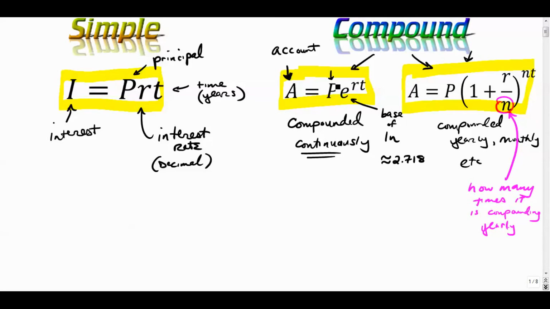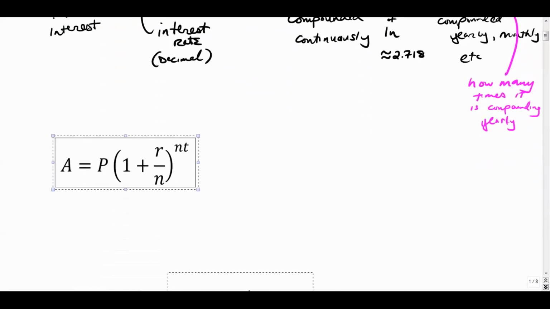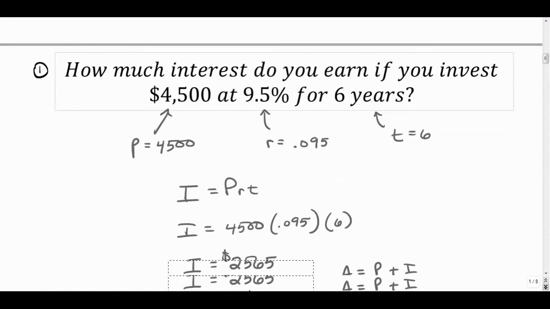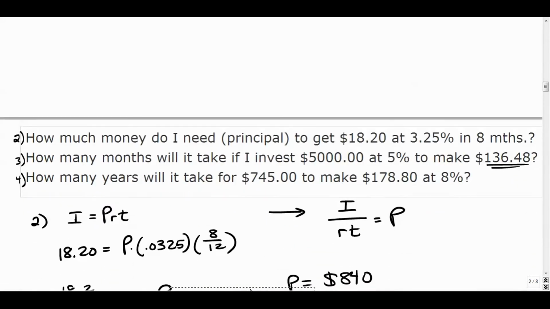Continuously compounding means it compounds, you know, like every single millisecond. It's always compounding. If I see a specific time, in this case annually, I'm going to use the one over here. So I'm using this formula. I'll copy and paste it down. And I'm using n equals 1 because it's compounding annually.